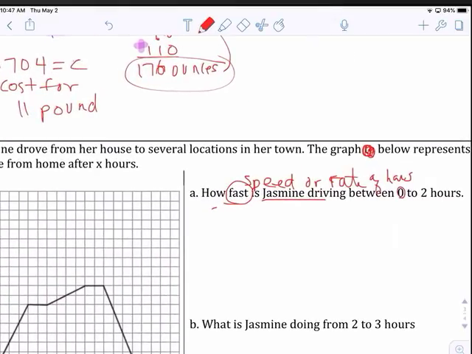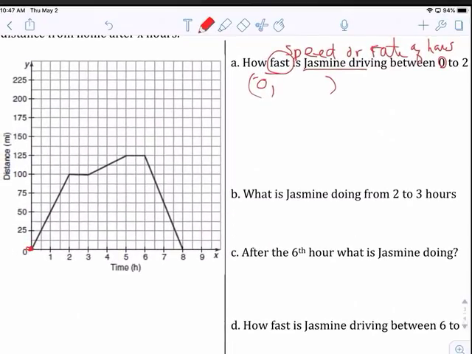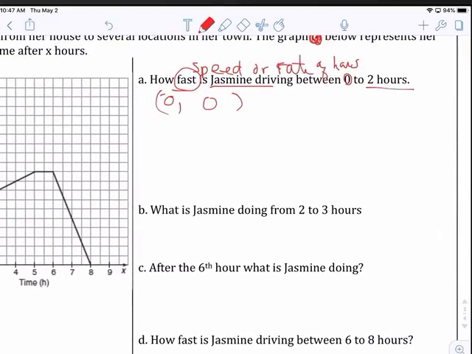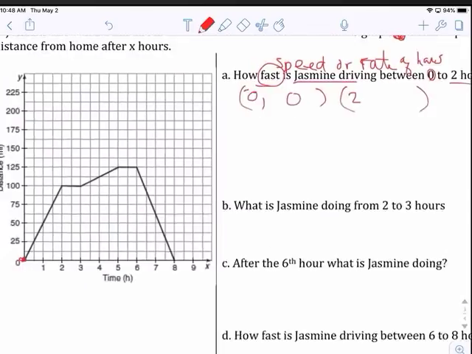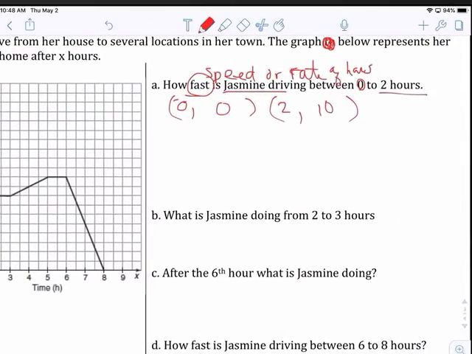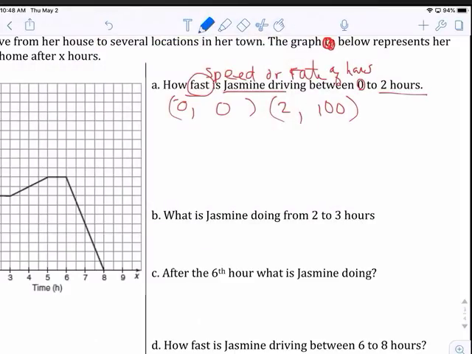At 0 hours, how far is she from home? At 0 she's at home, 0. At 2 hours, how far is she from home? 100.